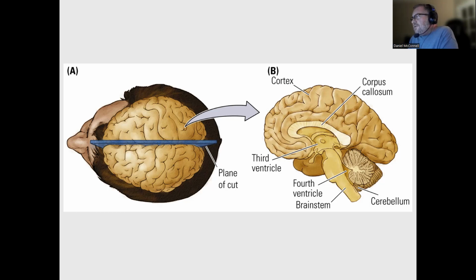You can also get a sense of some additional structures that sit above the brainstem, that is dorsal to the brainstem, but still ventral to the rest of the cortex. These are variously known as subcortical structures, or we will also see the diencephalon as another word that we can use for this.